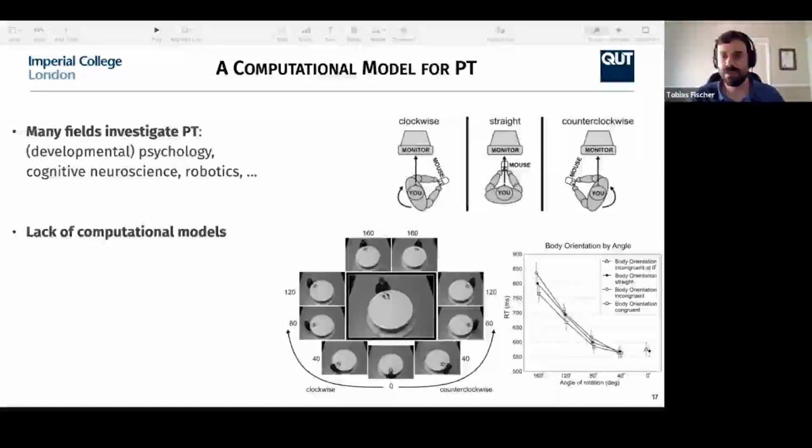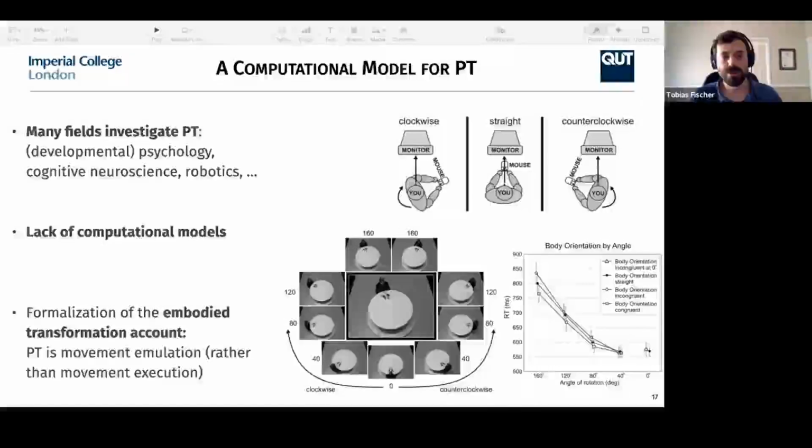So if you rotate right and the person whose perspective you want to assume is to the right, then you're faster than if you are rotated to the left and the angular disparity is to the right. And that really puzzled me, I tried to find out where this could come from.